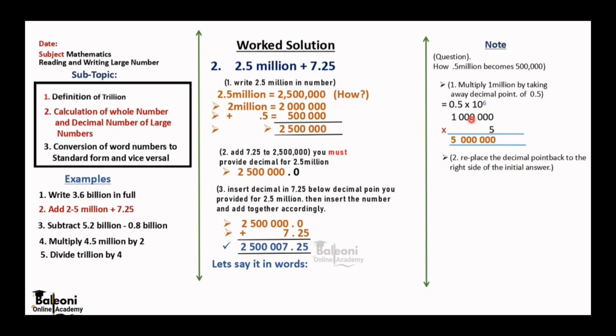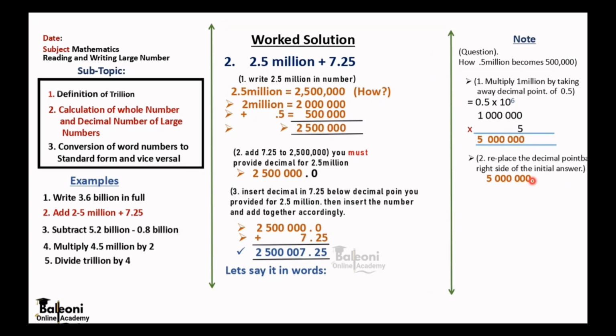The decimal point that you took away when you wanted to multiply 5 by a million needs to be brought back here. And when you bring it back, this is how it will look. You can see 5 million point, the decimal point you took away from here, you brought back here after your calculation.